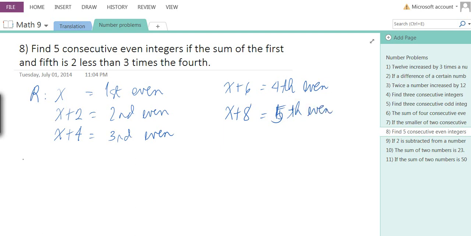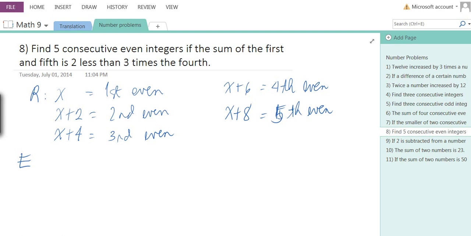Now for my equation, let's analyze the problem. It says here, the sum of the first and fifth, so the sum is represented by a plus sign.